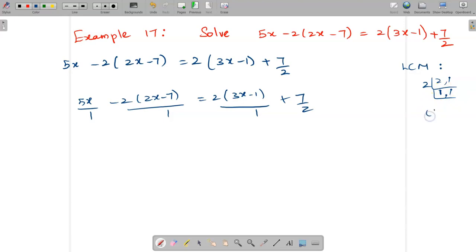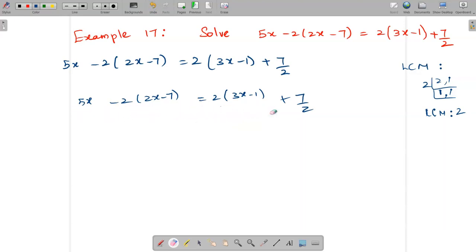It is 2. So the common LCM is 2. In both the left hand side and right hand side, the LCM value is 2. So it is as simple as your previous problem.